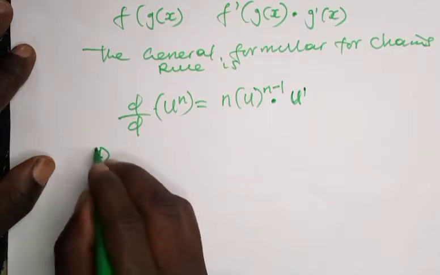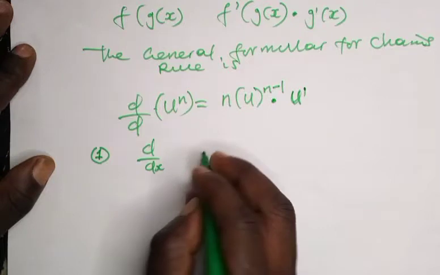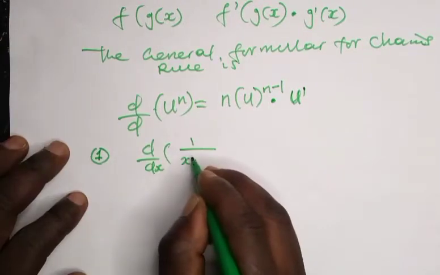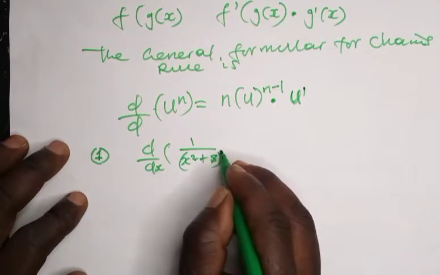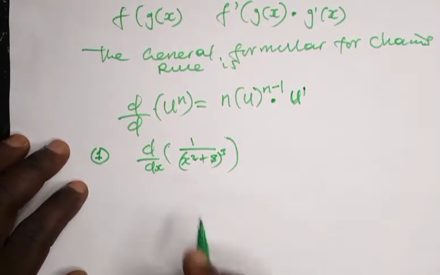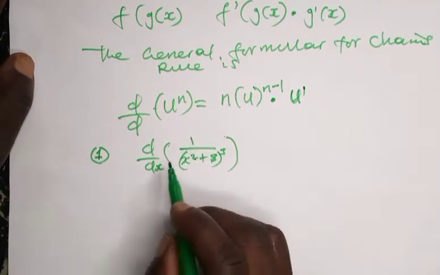Example 1. If we have d over dx of open bracket 1 over x squared plus 8 in the bracket power 3. Before working on such a question, you have to take it into negative.